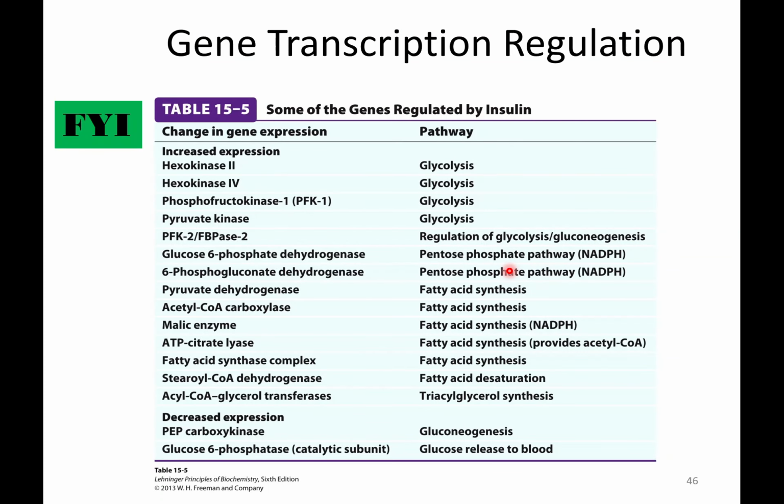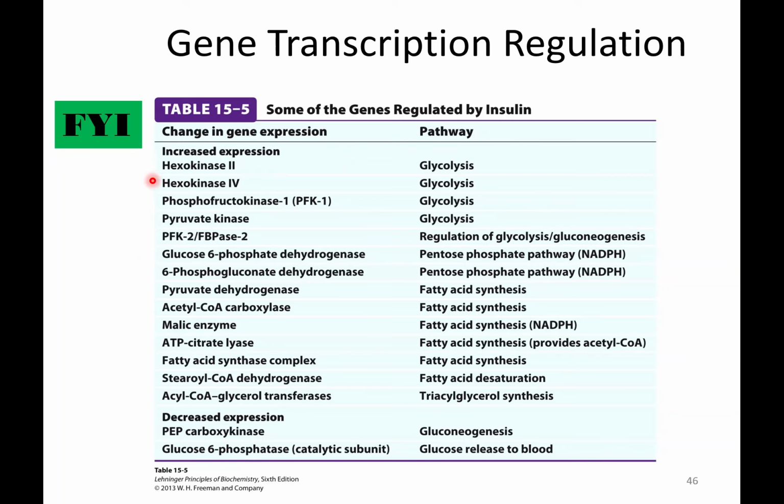Right. The last few slides here are examples of gene transcription regulation. And so this table from the text shows the genes that are regulated by insulin. And we talked about insulin a little bit in chapter 12.